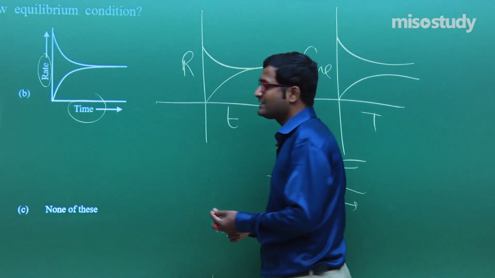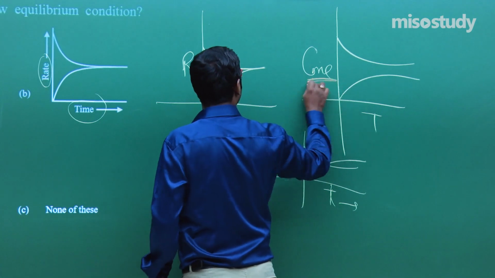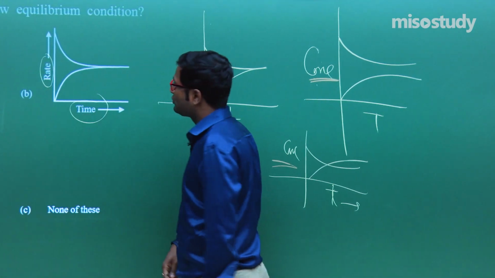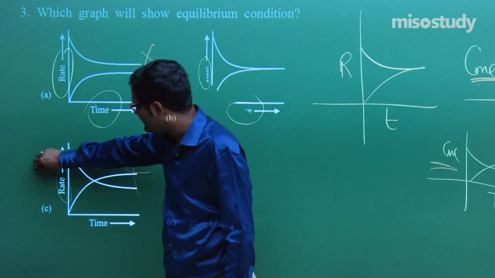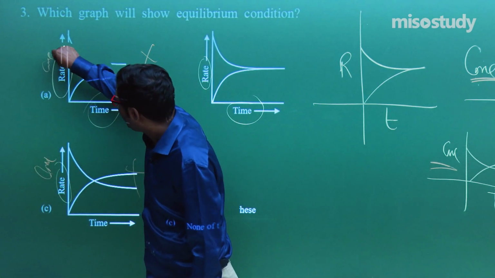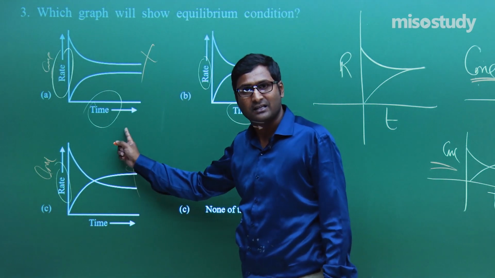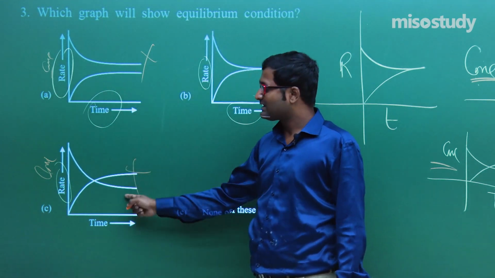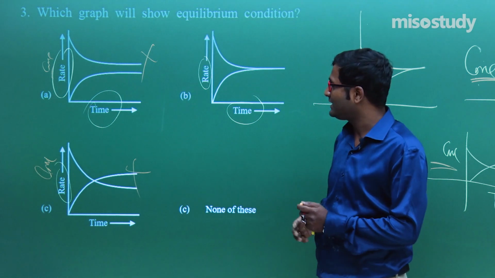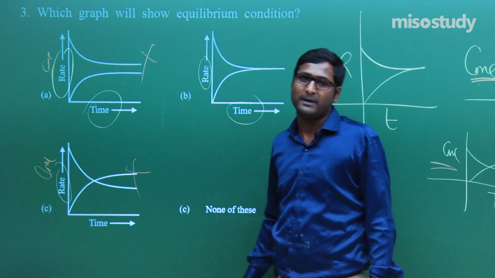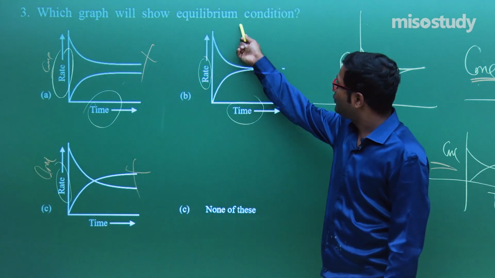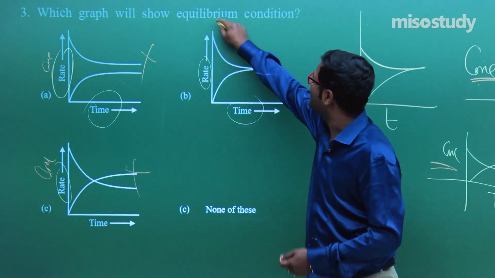Do you remember this? Here concentration is not given, so this one and this one are not correct. If there is a concentration term, then definitely, as I discussed in my lecture, the concentration and time graph is the basic property of equilibrium. So which graph shows the equilibrium condition?